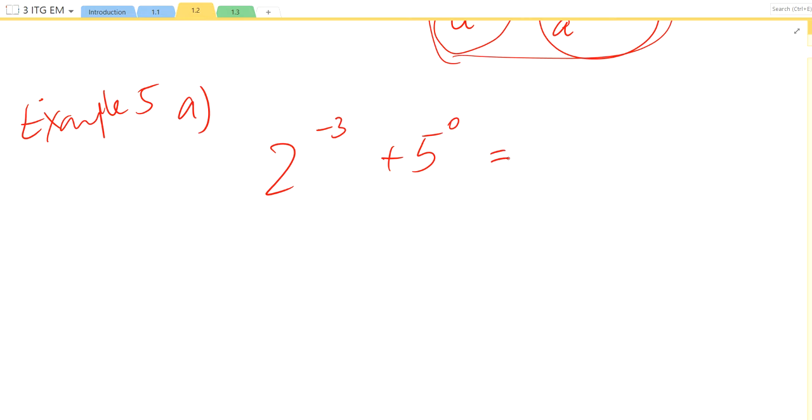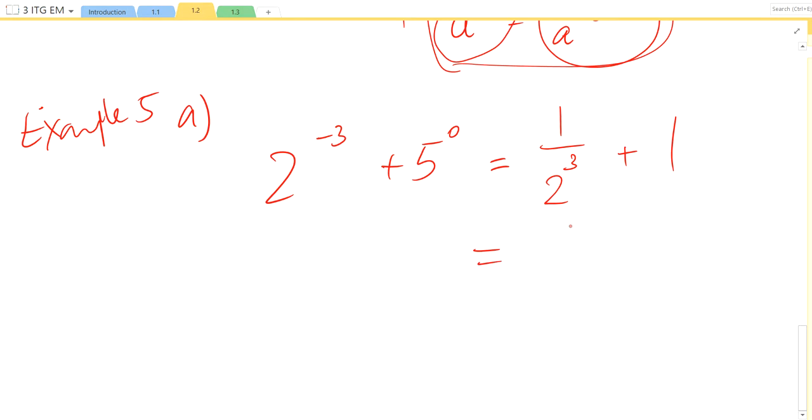What shall we do with negative powers? How do we make them positive? Change it to a fraction, right? It becomes 1 over 2 to the power 3, plus 5 power 0 is 1. What's 2 power 3? 8. So 1 over 8 plus 1 gives me 9 over 8.